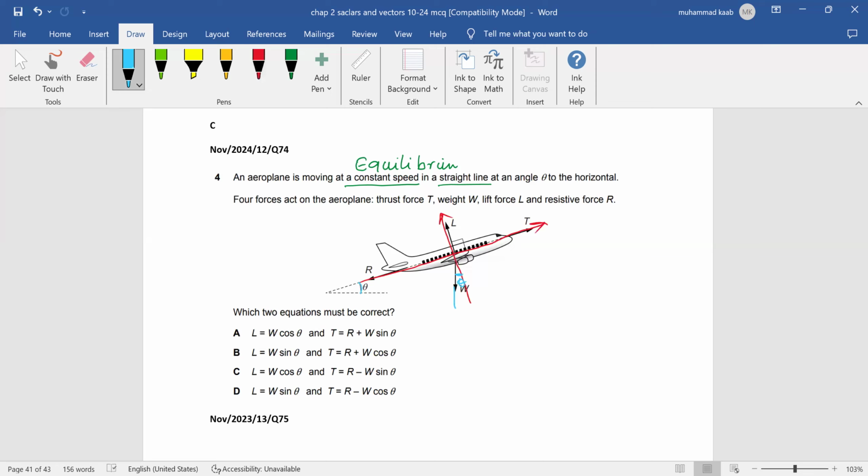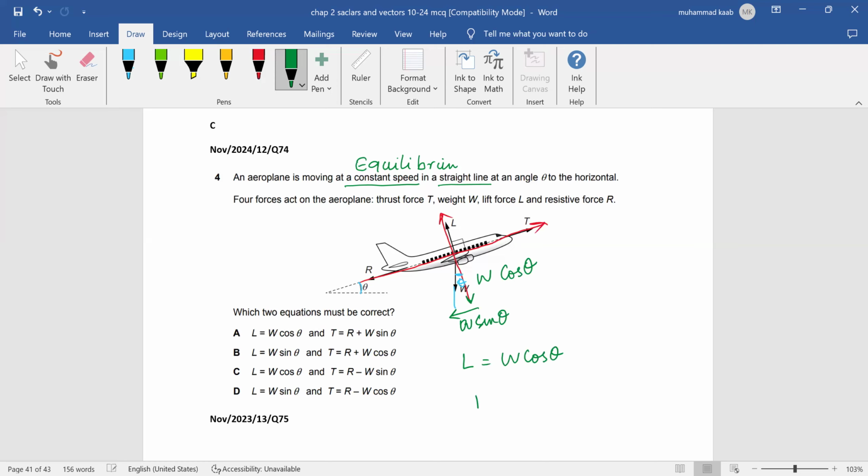So if you resolve this W, it will be W cos theta and W sin theta. These are the two vectors. Now you can equate the vertically upward and downward forces because they're in equilibrium. So L should be equal to W cos theta, right?